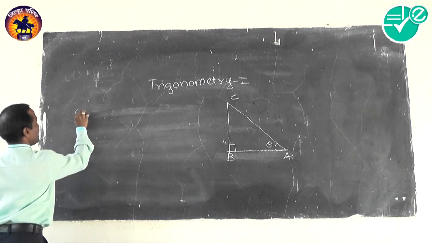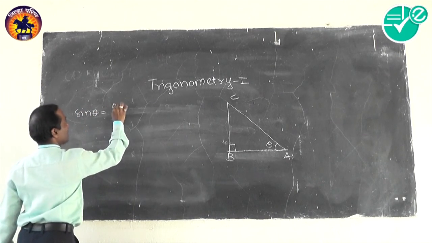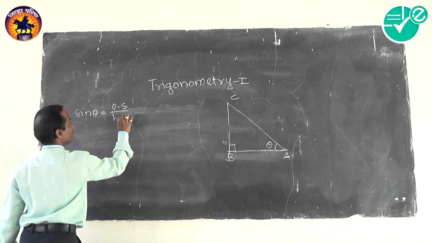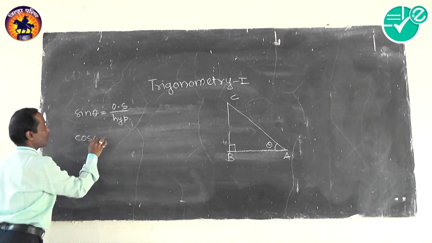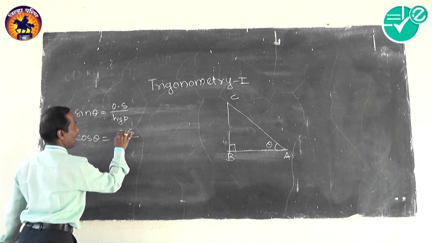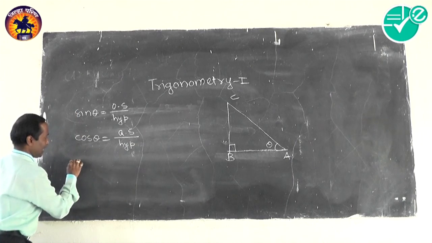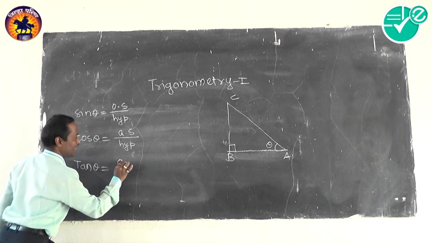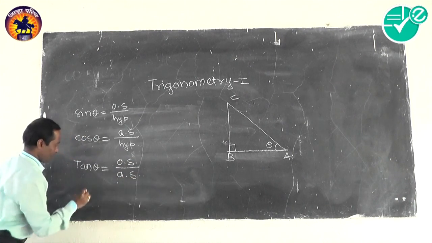Sin theta is equal to opposite side divided by hypotenuse. Cos theta is equal to adjacent side divided by hypotenuse. Tan theta is equal to opposite side divided by adjacent side.